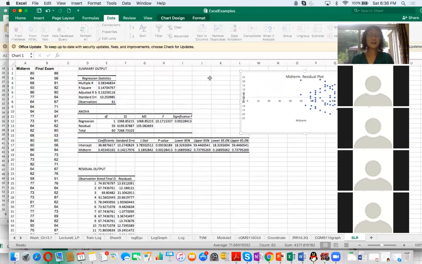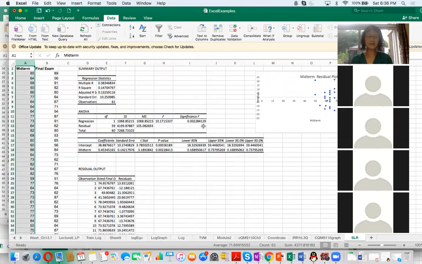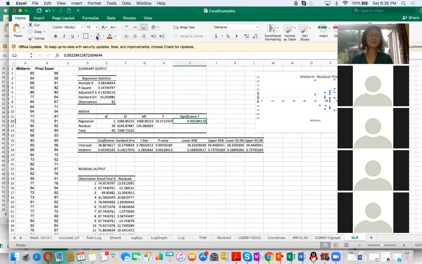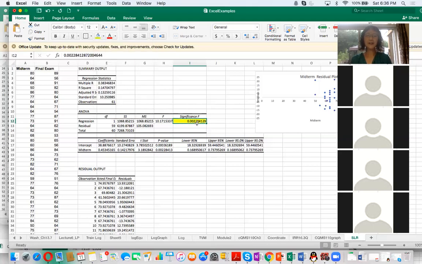So to statistically answer the question, is there a relationship between final exam and midterm, you go to see the p-value. See, this is your p-value, hypothesis test, okay? Based on this p-value, remember p-value is universal. When p-value is smaller than 0.05, there is a significant relationship.